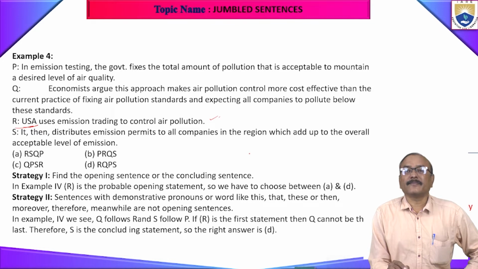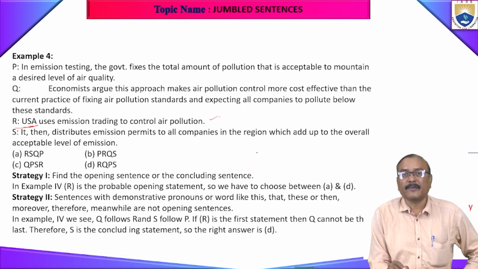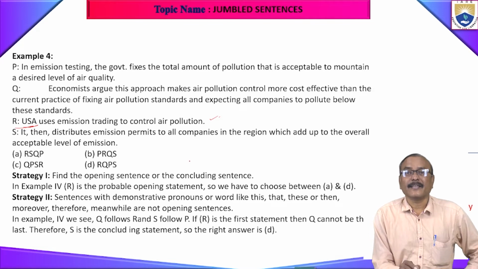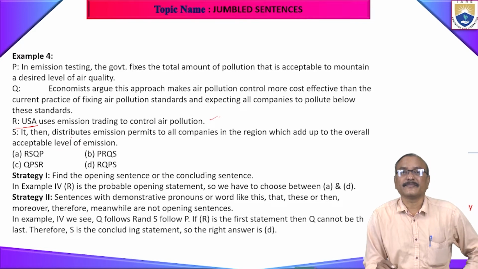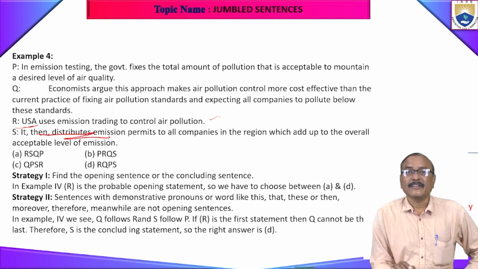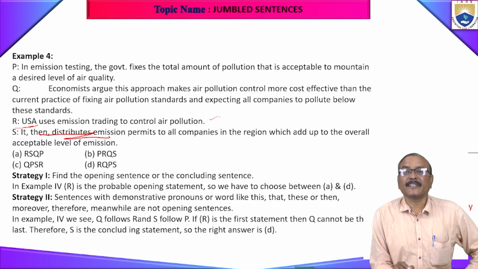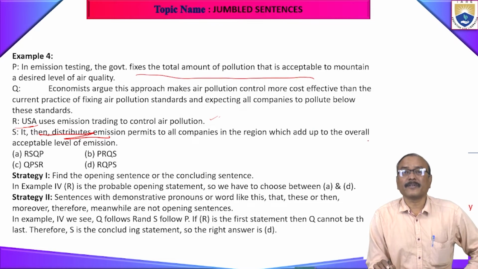It then distributes emission permits to all companies in the region which add up to the overall acceptable level of emission. It then distributes. Before this, something should be done. First, it fixes the total amount of pollution that is acceptable to maintain a desired level of air quality.